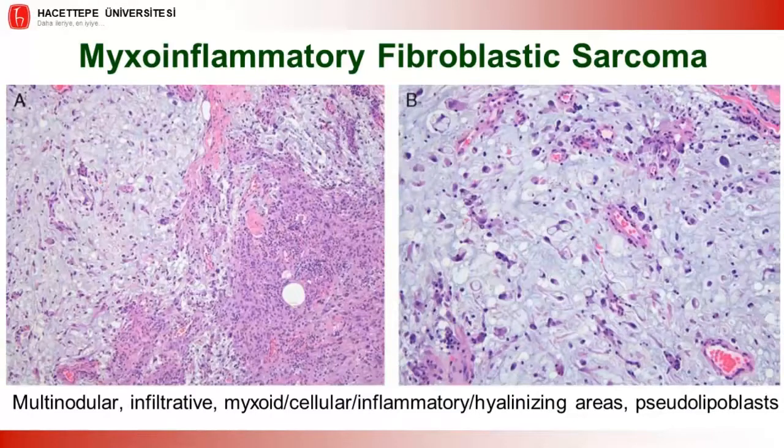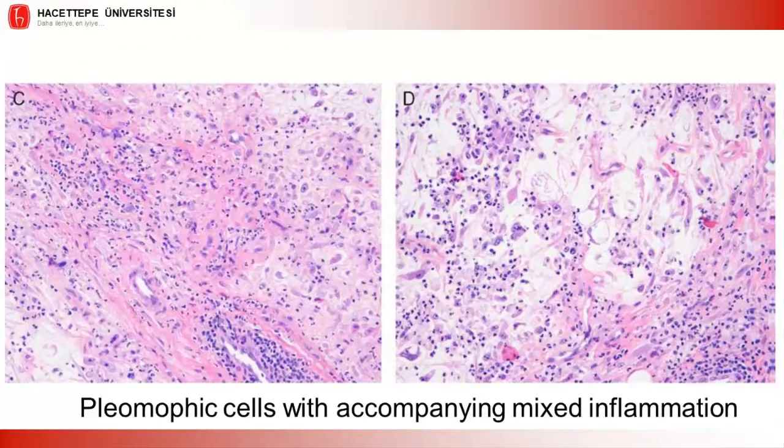And myxoinflammatory fibroblastic sarcoma has multinodular infiltrative areas with some pseudolipoblasts, just as in our case, and inflammation also accompanies that.